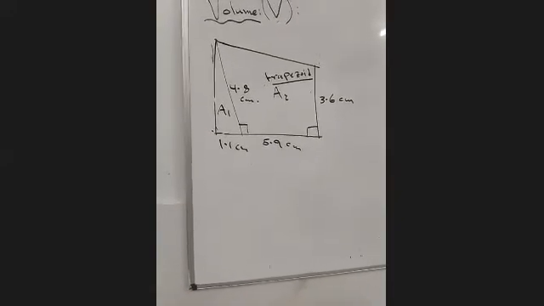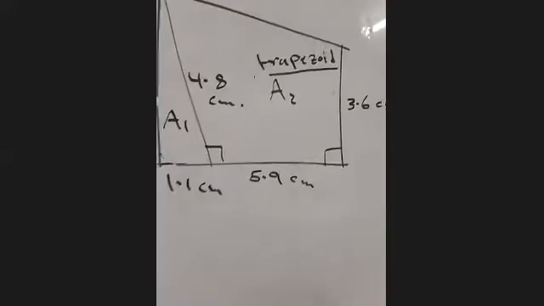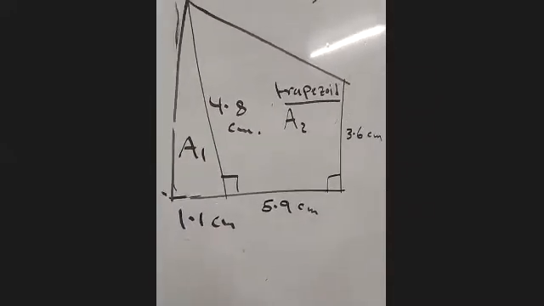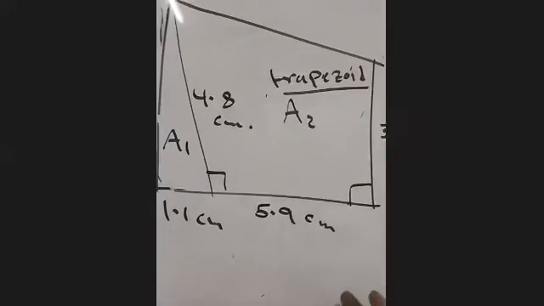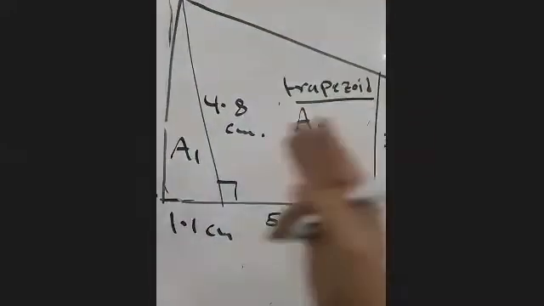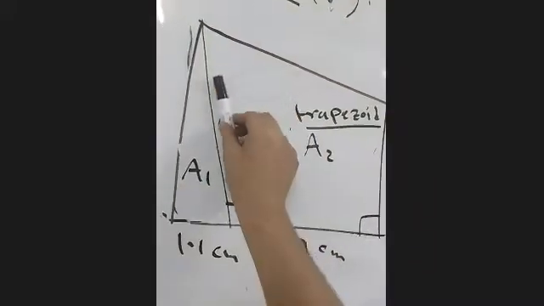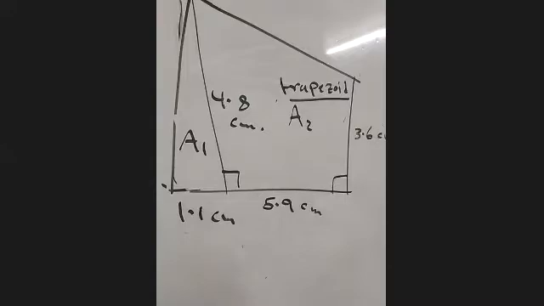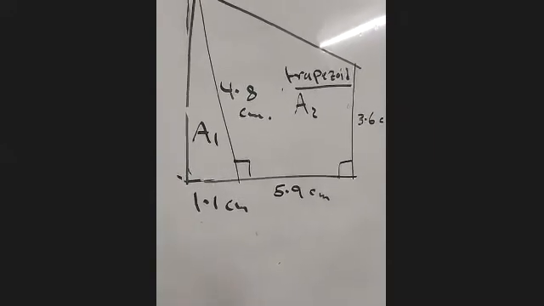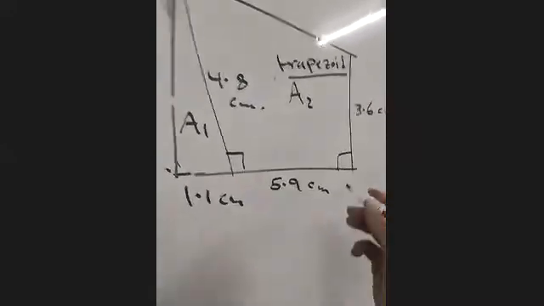It is what, Khalid? It's a trapezoid, right? It is not a parallelogram. In a parallelogram, each opposite side should be equal and parallel. Is this side equal to this side? No, so it is not a parallelogram. It is a trapezoid. Now we need to find the whole area of this figure.